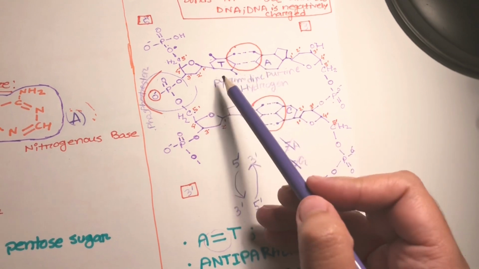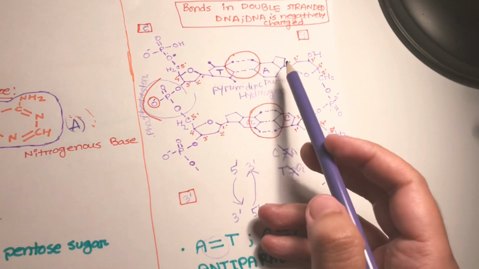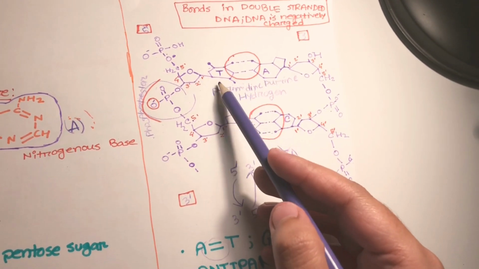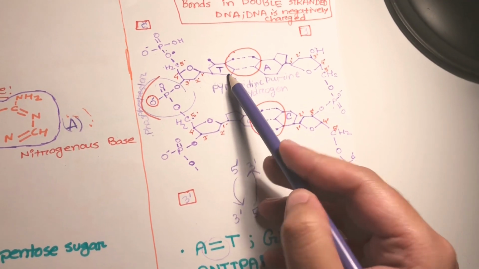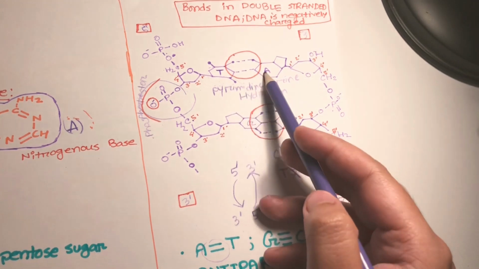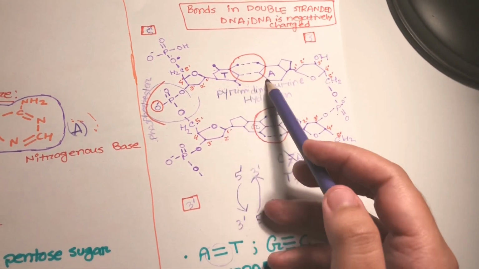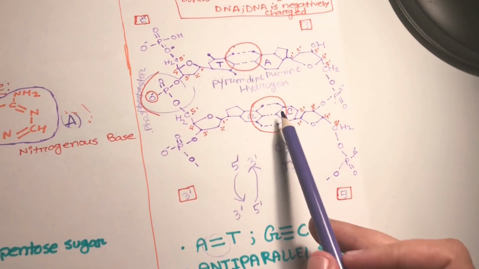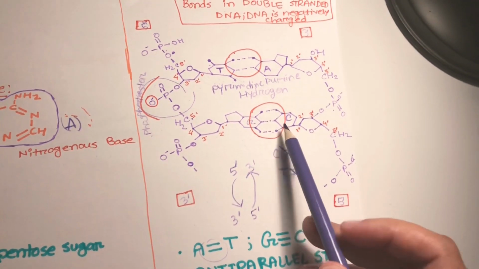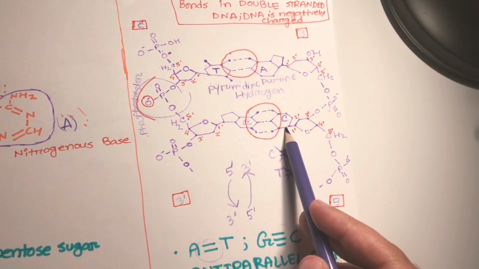One pyrimidine is always attached to a purine, and in our DNA, thymine is one of the pyrimidines, remember, and it's only present in DNA. Thymine binds to adenine, and there are only 2 hydrogen bonds between thymine and adenine, and there are 3 hydrogen bonds between guanine and cytosine. Here guanine is the purine and cytosine is the pyrimidine.